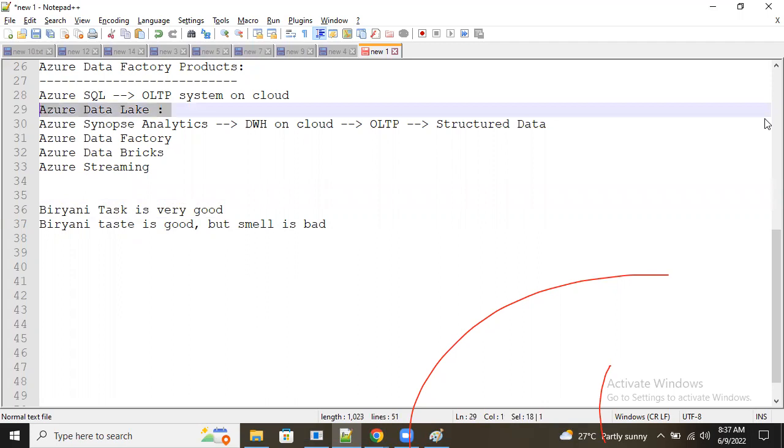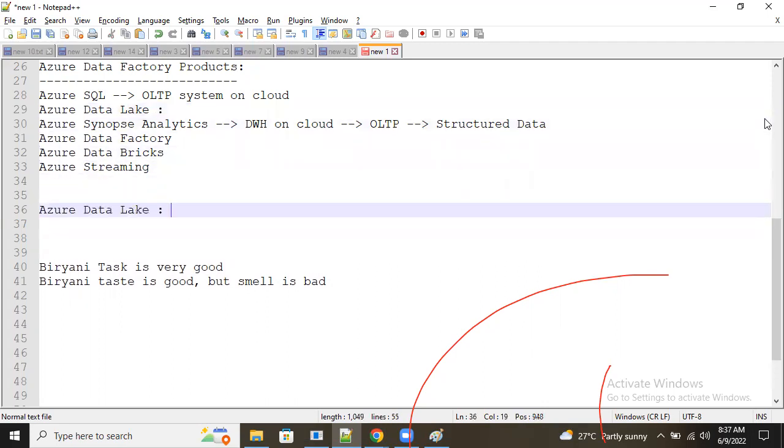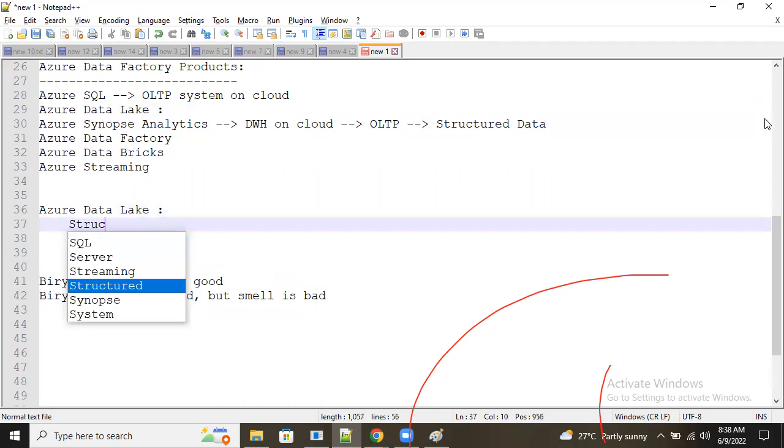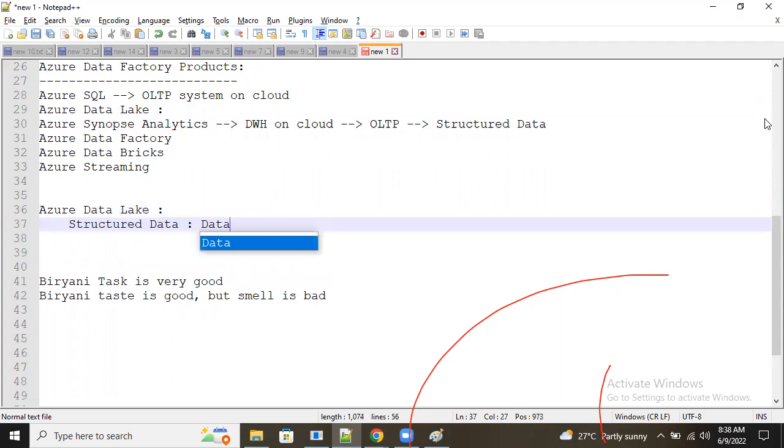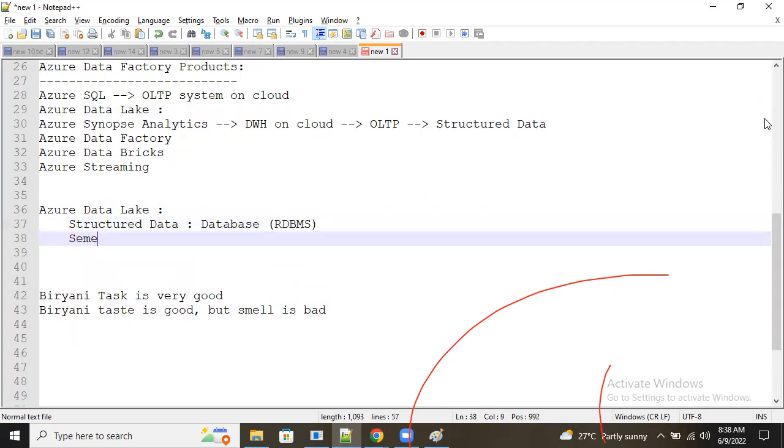So data lake supports structured data, which is nothing but the databases, or RDBMS. Semi-structured data is XML and JSON format.